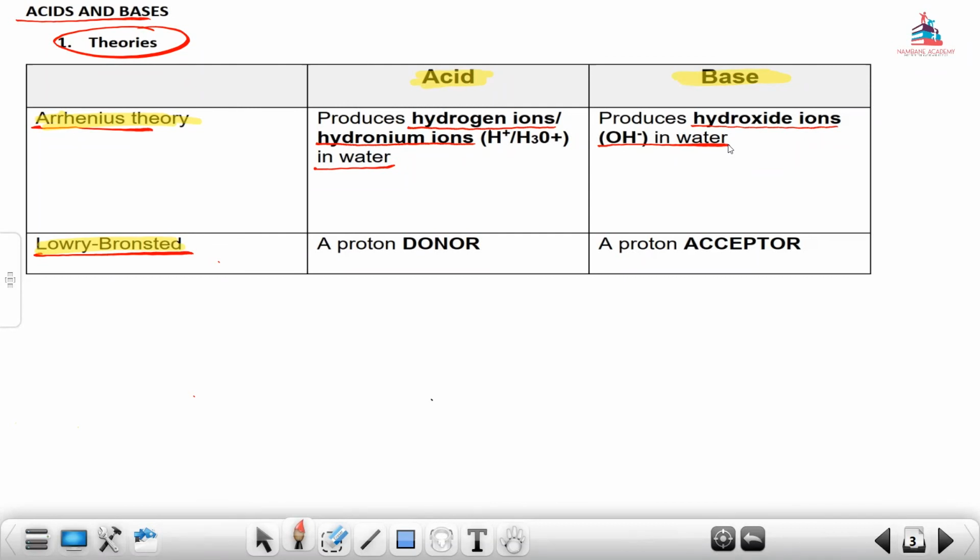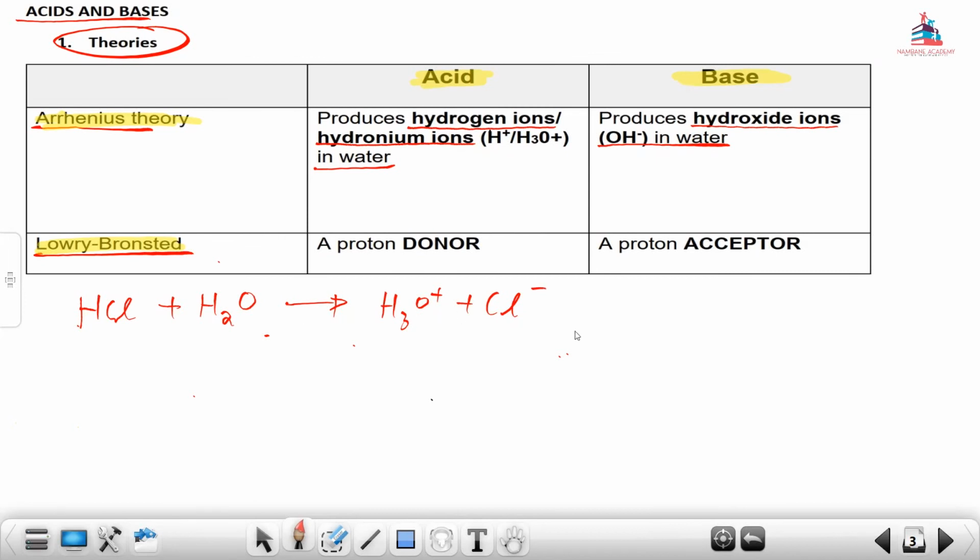Let's consider a normal acid that we know, which is HCl. We allow the HCl to be dissolved in H2O. What will happen is we are going to have H3O plus and Cl minus.